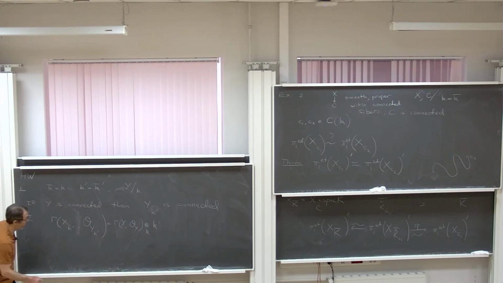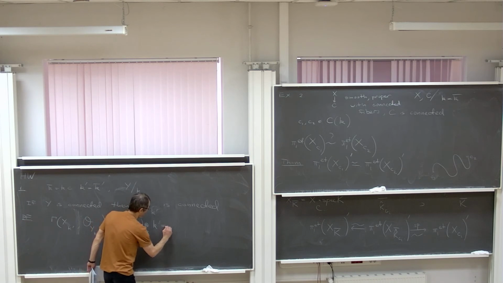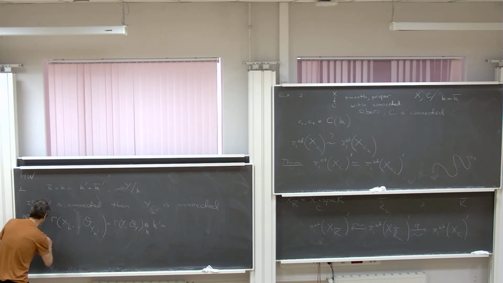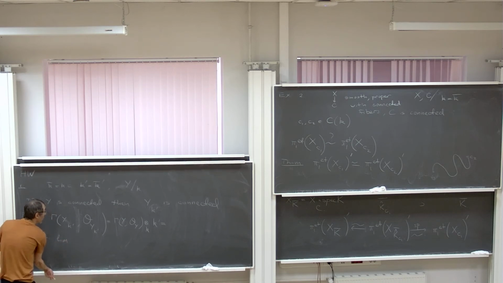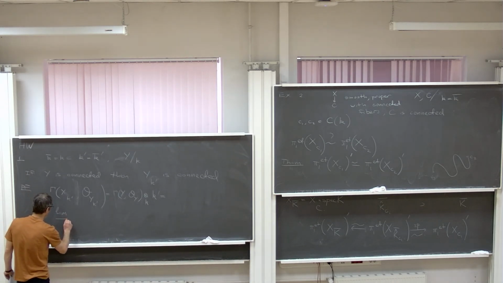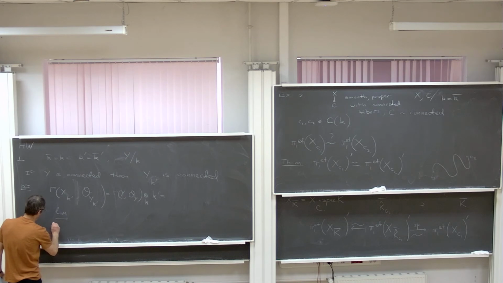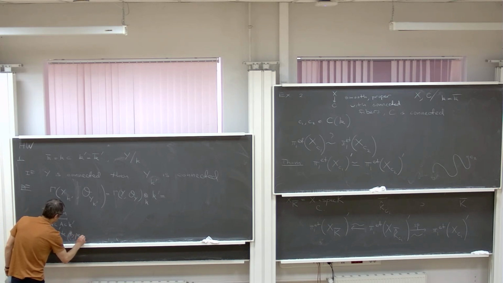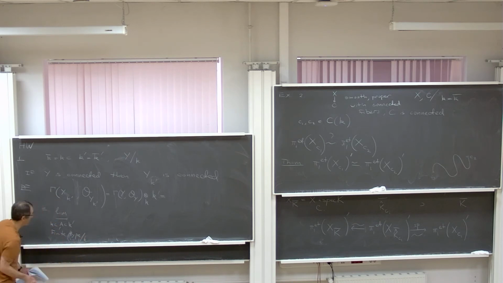And now this is equal to the directed limit over all subalgebras of finite type over K, right?